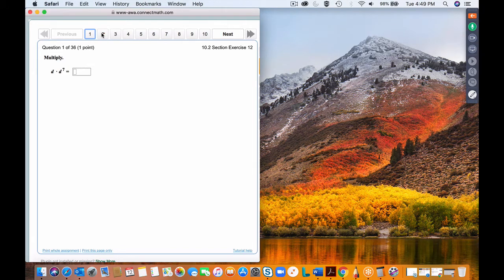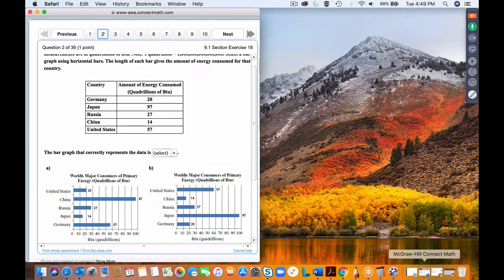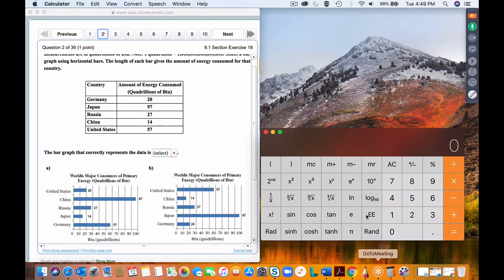Number 2. For this problem I pick Germany and United States because they're easy to see. Is the first one and the last one.